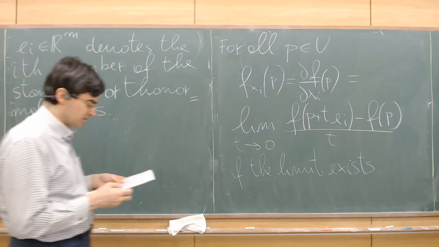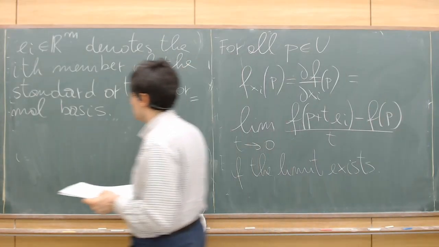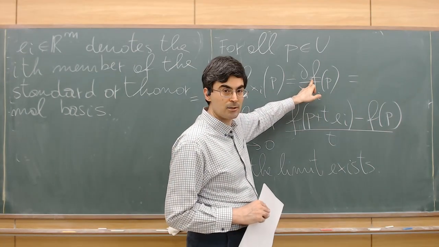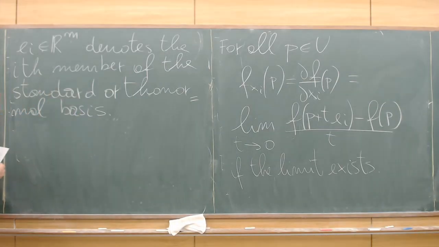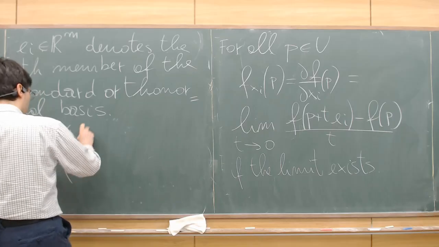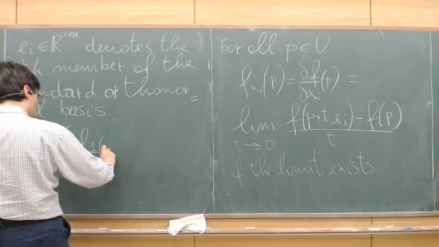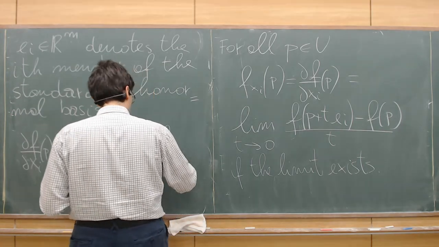Please observe that since f has n component functions, also the derivative has n component functions. So we have that df dxi at p, we have this identity.